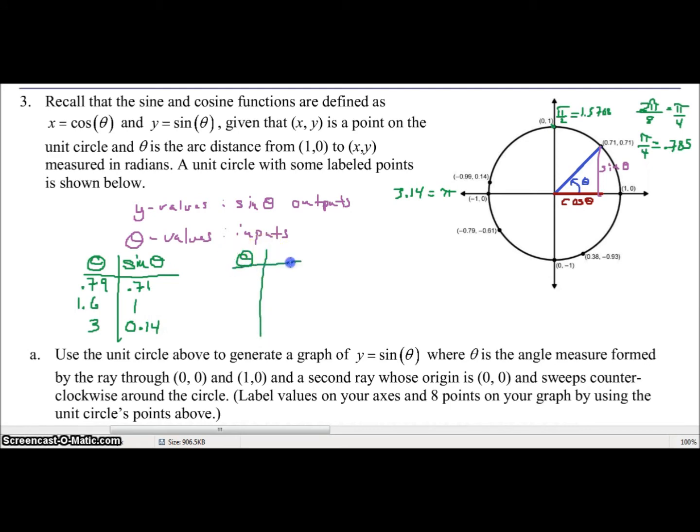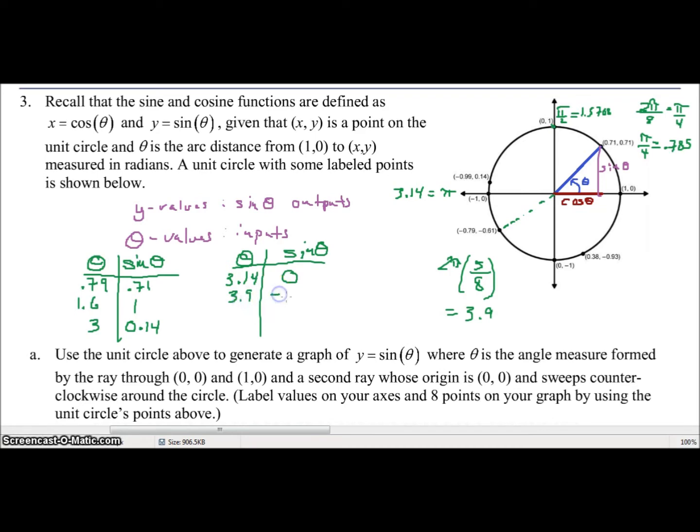Just continue this table over here, break it into two parts. So when the angle is pi, or 3.14, we know sine of theta is 0. This point looks like 1, 2, 3, 4, 5, like 5/8 or something. So 2 pi times 5/8 is about 3.9.